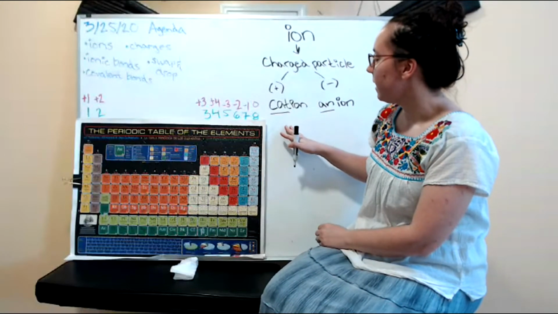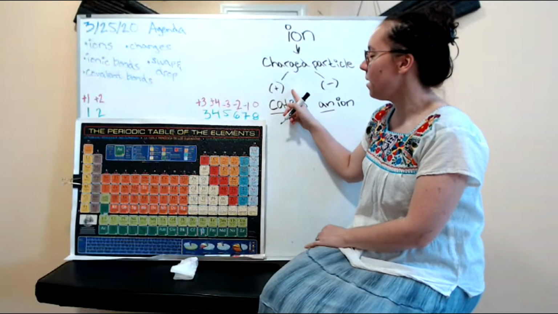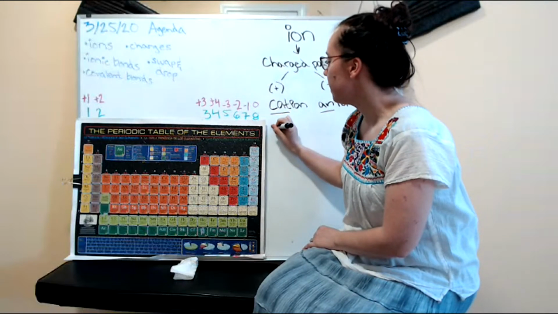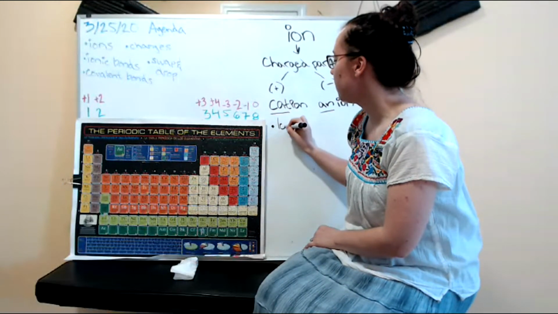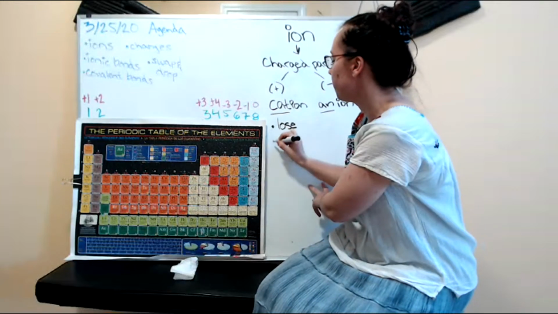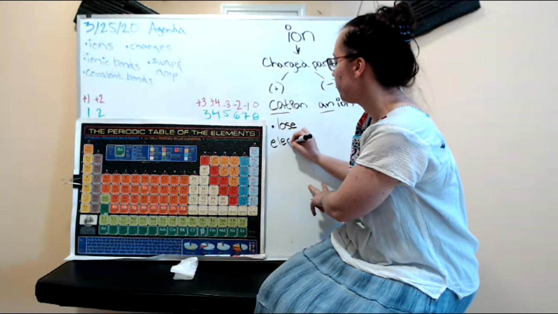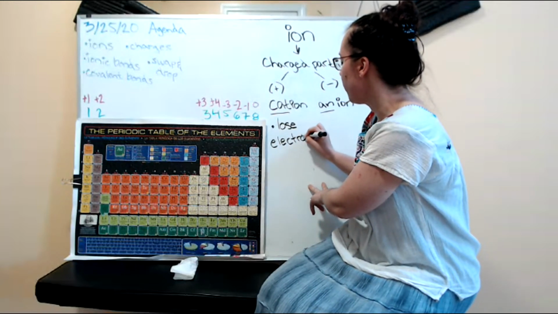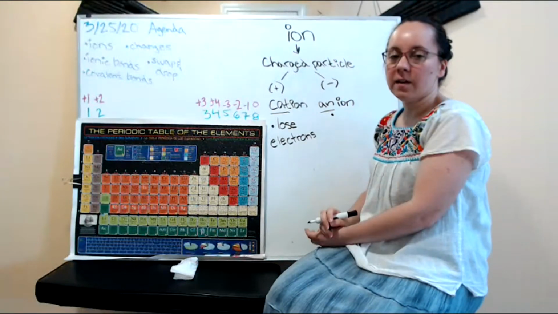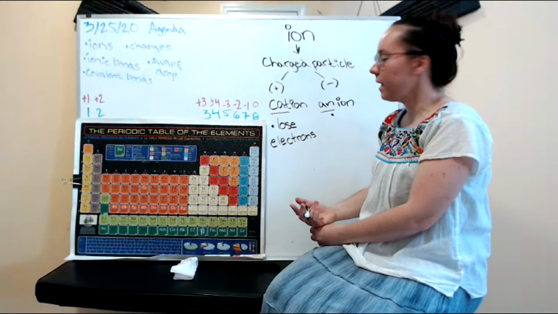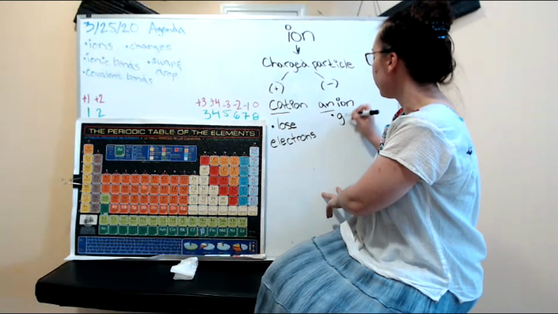So in order to get a cation, to get a positively charged particle, that means electrons are lost. So I'm going to say lose electrons. So it could be one, it could be more. All right, and so with anions, if an atom is to become more negative, that means that it is gaining electrons.